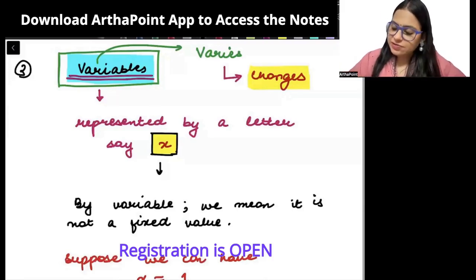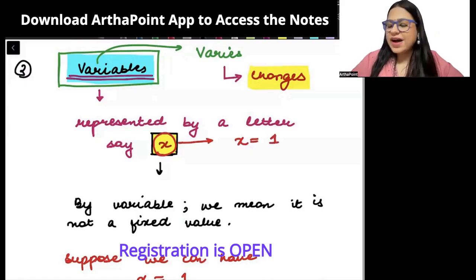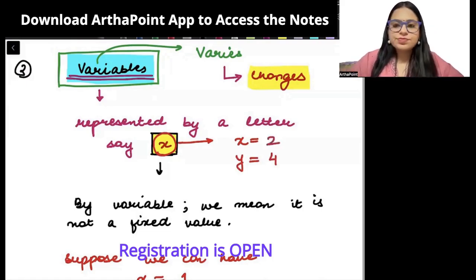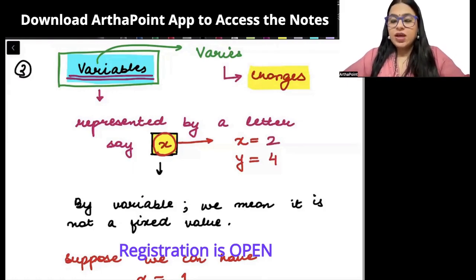Just for example, a variable is represented by small letter. I can say that x is a variable such that x is equal to 1. Y is a variable such that y is equal to 4. I can also change the value. I can say x is a variable such that x is 2. I can vary the value of x. X का value change हो सकता है.